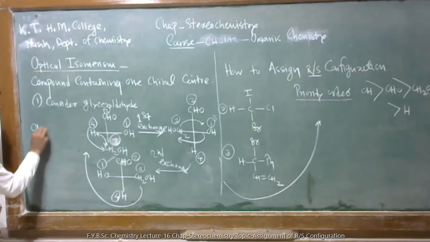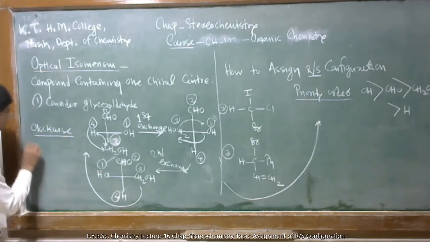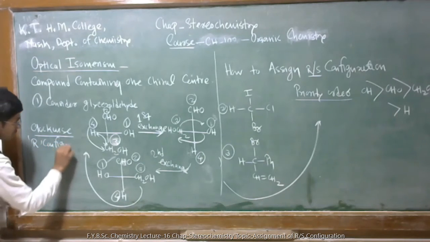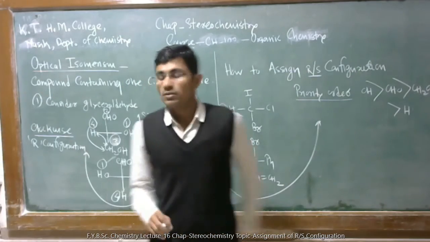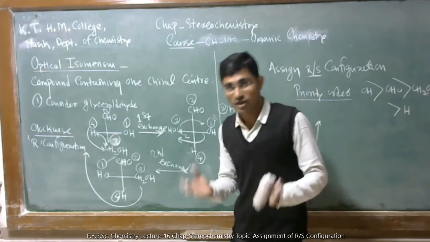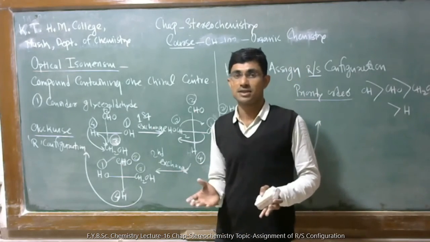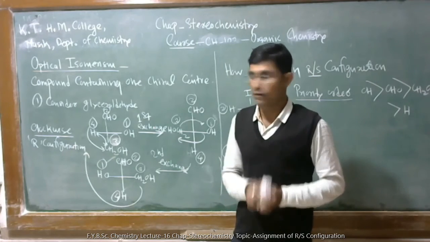When this sequence is clockwise, we have the R configuration. So in this way, we assign whether the configuration is R or S. This is the first exchange and second exchange. With the help of this, we can assign the R and S configuration.